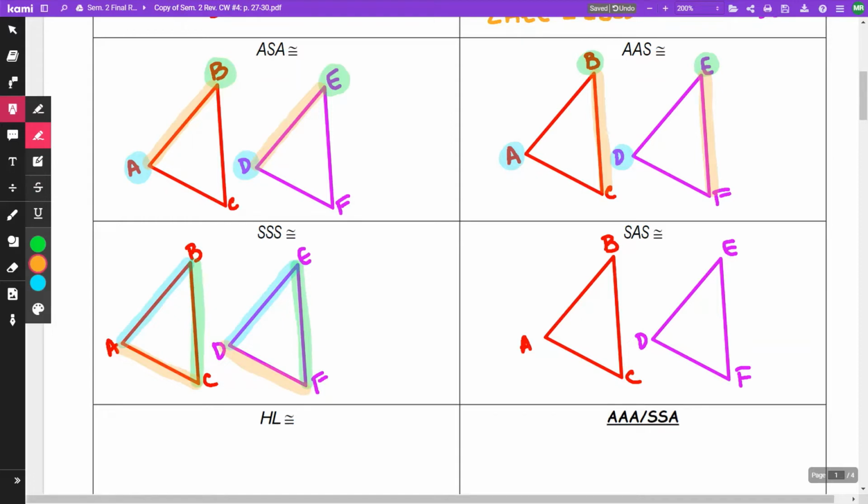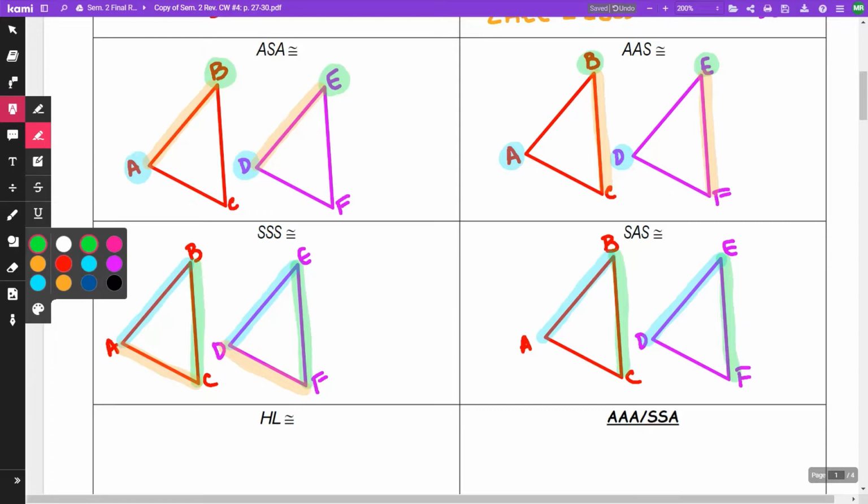For side, angle, side, let's say I know the same side AB and DE, that those are congruent to each other. And let's say I knew BC was congruent to EF. So if I have two sides, I need to know the angle in between.